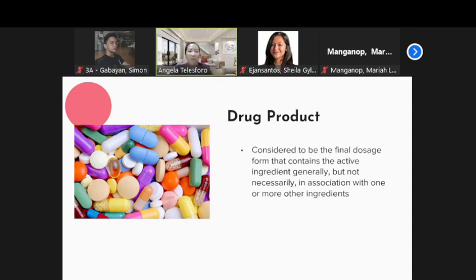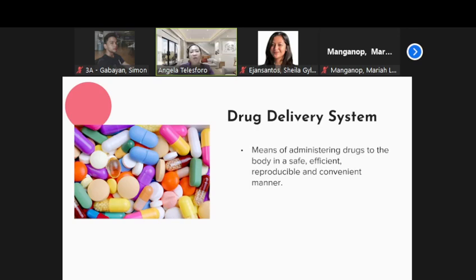So that's the final dosage form that contains the API with one or more other ingredients. So pag sinabi nating syrup lang siya, so drug product yan siya na, syrup, capsule, but they are the dosage form pa rin siya, but the drug product is the final, no? Yun talagang inumin na ng pasyente or i-take na ng pasyente.